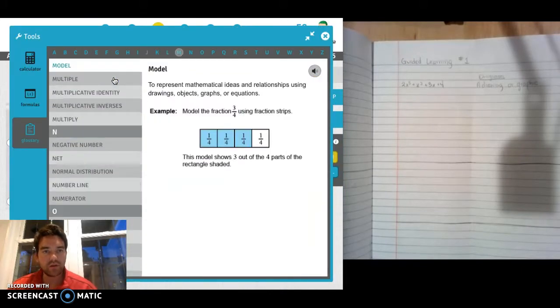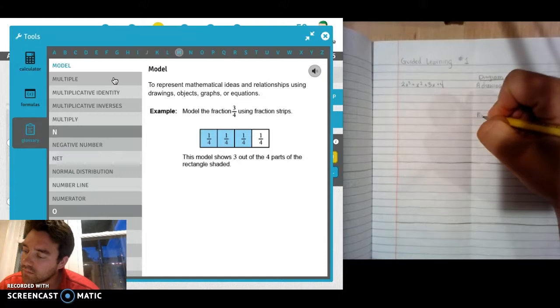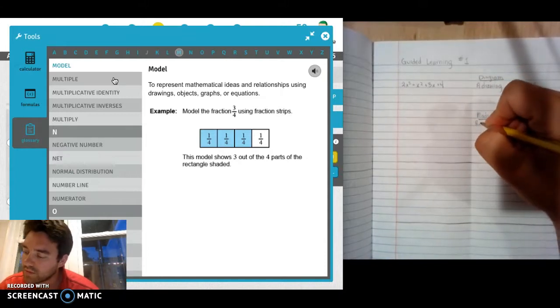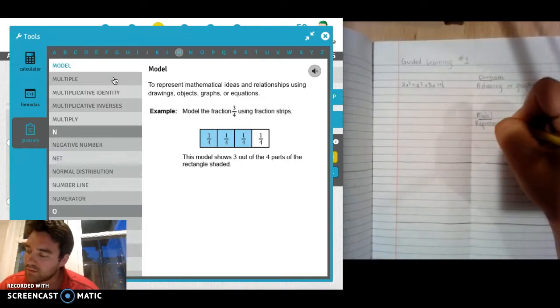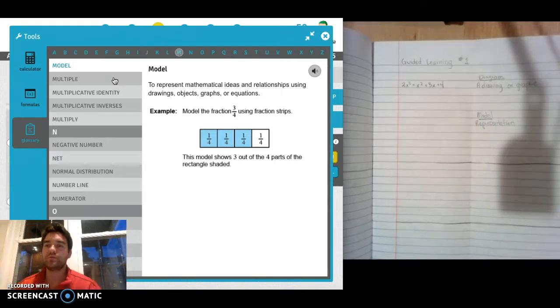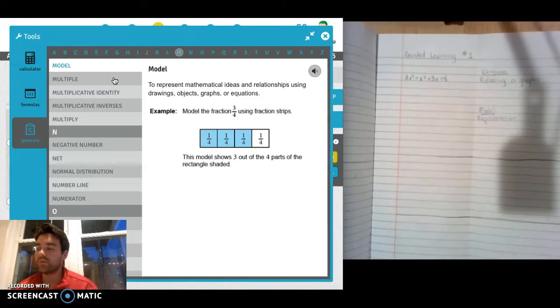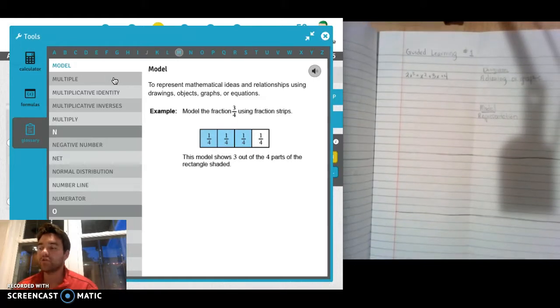So model is basically a mathematical representation. It is a representation. So now that I have my two definitions down, I know that for guided learning number 1, it's going to be a diagram, drawing, or graphic that represents something mathematically.